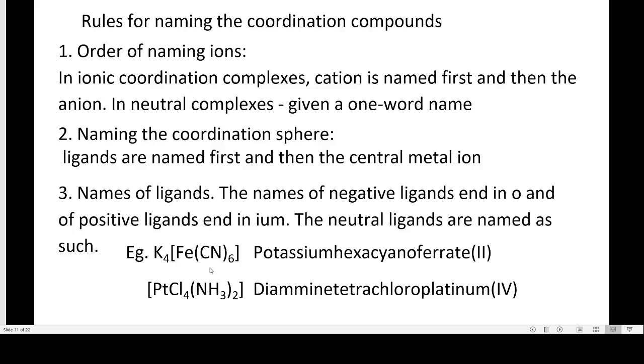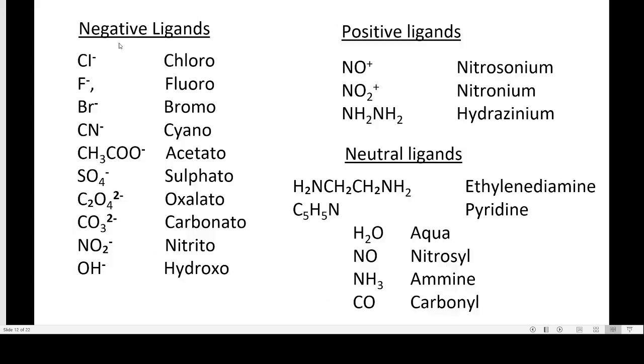In this example, the name is given as potassium hexacyanoferrate(II). In this, diamminetetrachloroplatinum(IV). These are examples of negative ligands, so the name ends with O: chloro, fluoro, bromo, cyano, acetato, sulfato, oxalato, carbonato, nitrato, hydroxo.